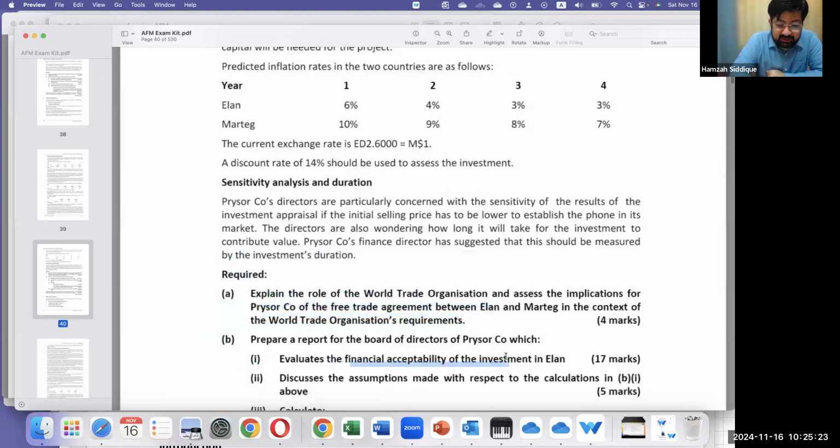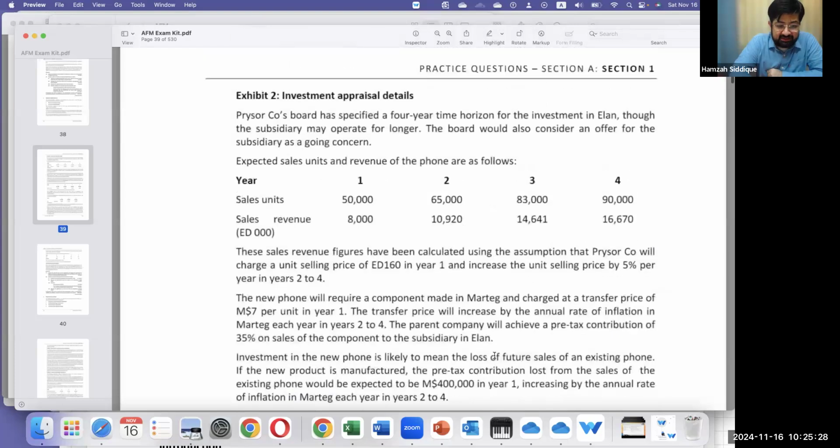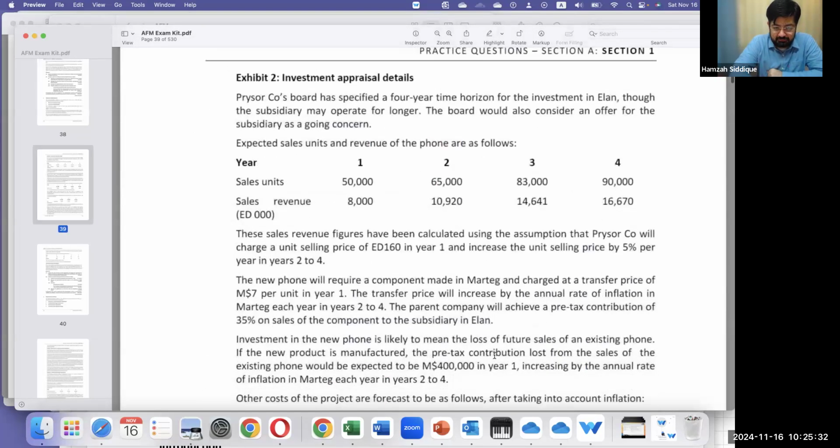Now, financial acceptability of investment in Elan. Prysor Company's board has a 4-year time horizon for investment in Elan, though the subsidiary may operate for longer. The board will also consider an offer for subsidiary as a going concern.